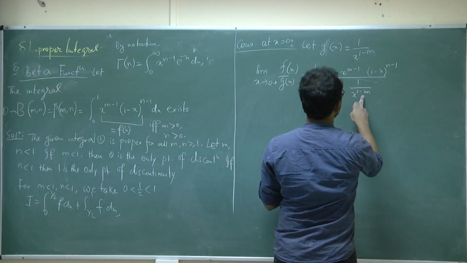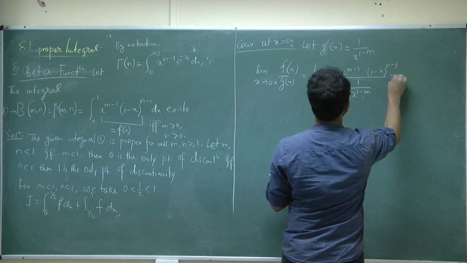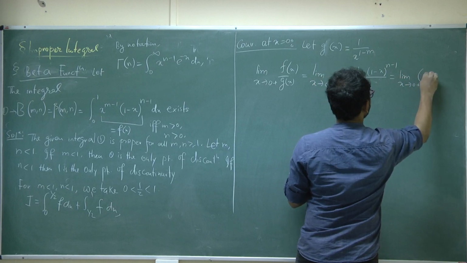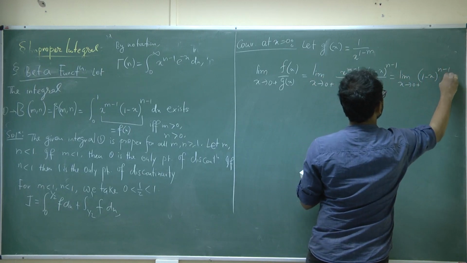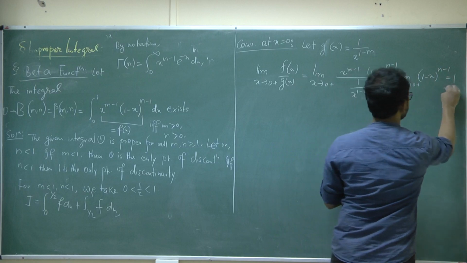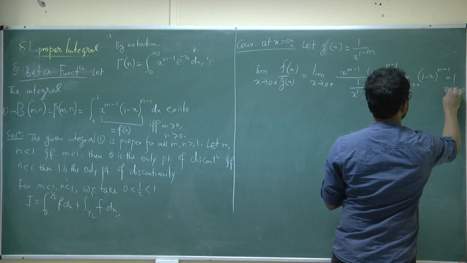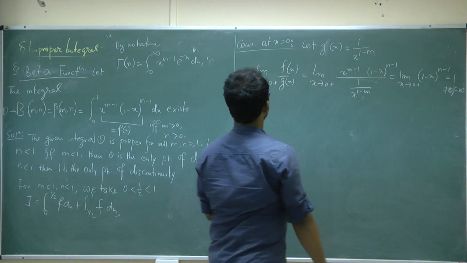So, this will cancel out and this will become limit x tending towards 0 positive (1 minus x) to the power n minus 1, and this will become 1. So, obviously, it is non-zero and it is finite. Let us write a comma, and it is a finite number.